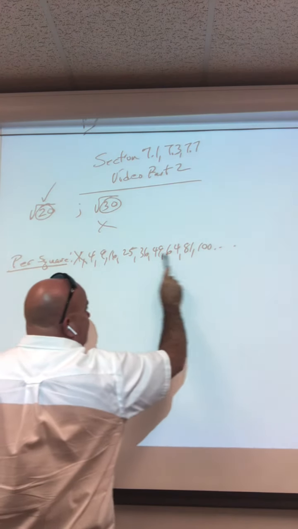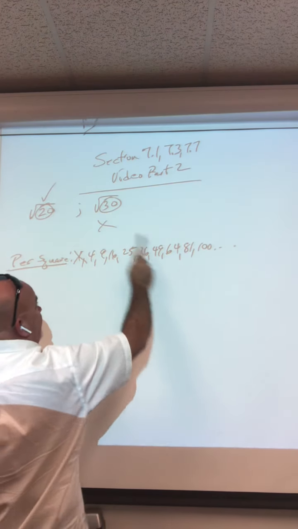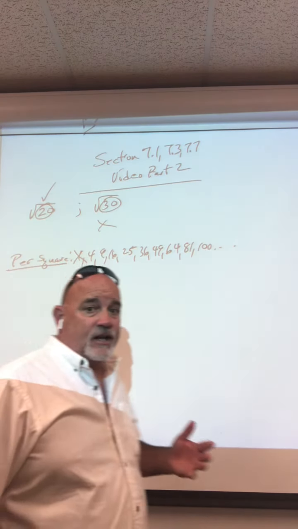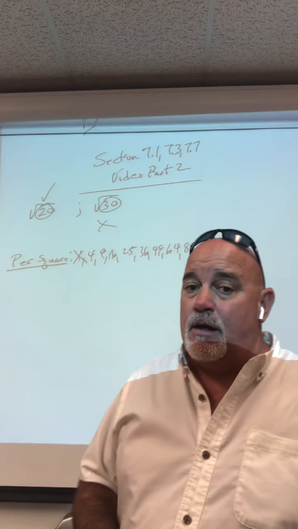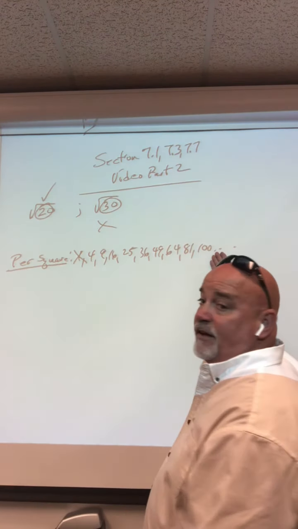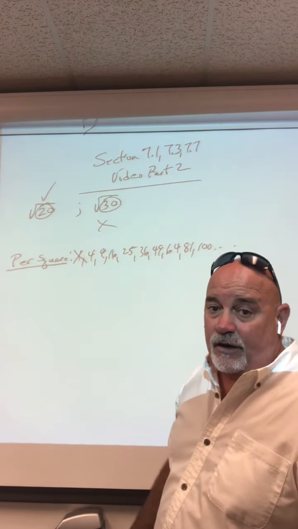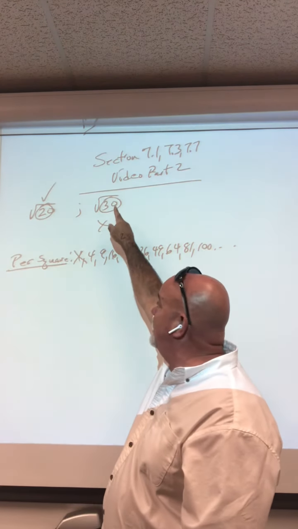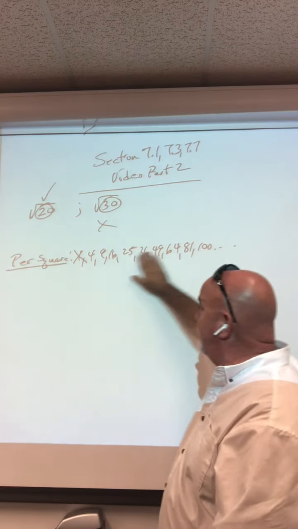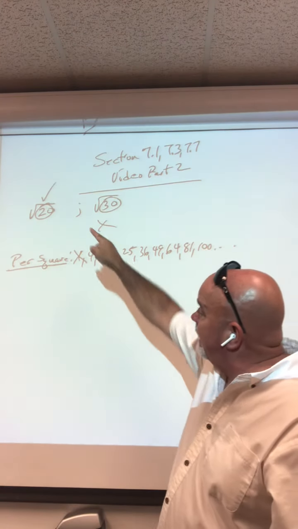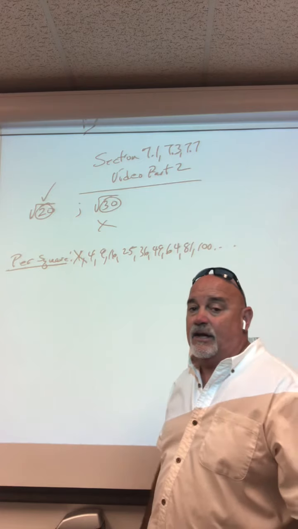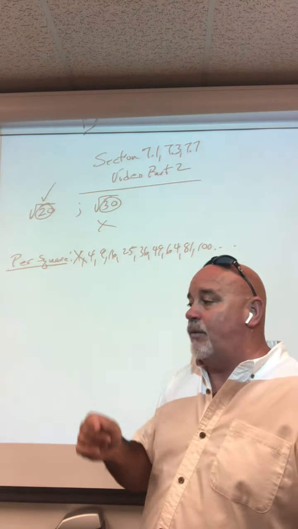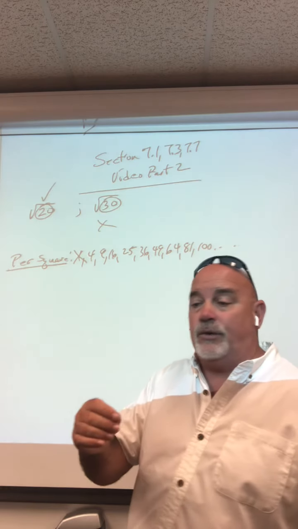Is there a number in this list that will divide evenly into 30? No. Now, there's a bunch of numbers that divide into 30, but there's no perfect square that divides into 30. That's why this one is reducible and this one is not. So if you can find a perfect square that divides into that radicand, you can reduce it. So that's how you can tell. Now what I want to do is show you how you reduce it.